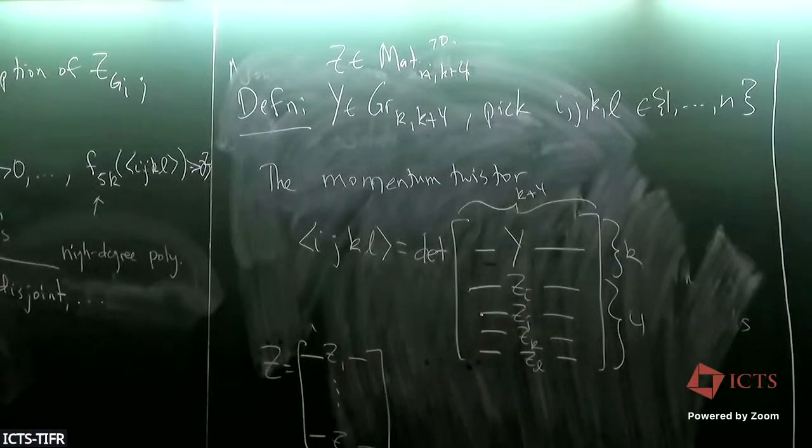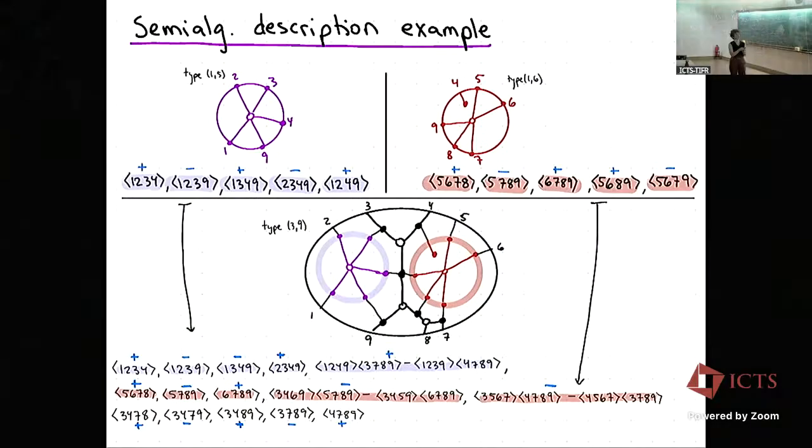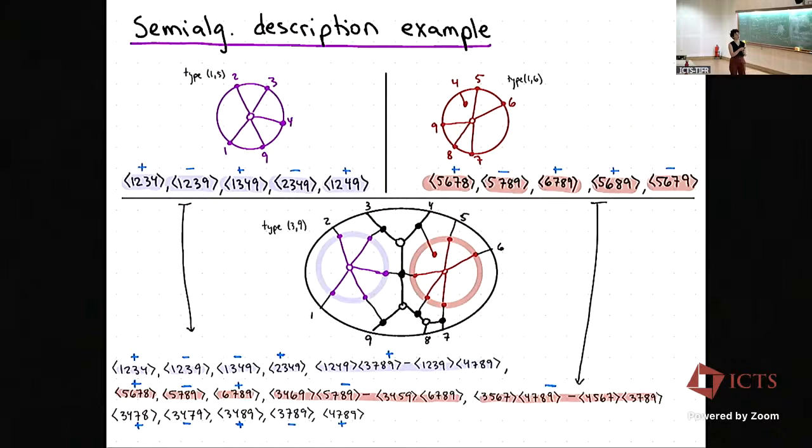So I just get these 5 momentum twistors, each one of which uses 4 out of the 5 indices of this core. Very similar for the right: I have this extra dangling lollipop, which doesn't matter at all. All that matters is the 5 indices involved in touching the white vertex.